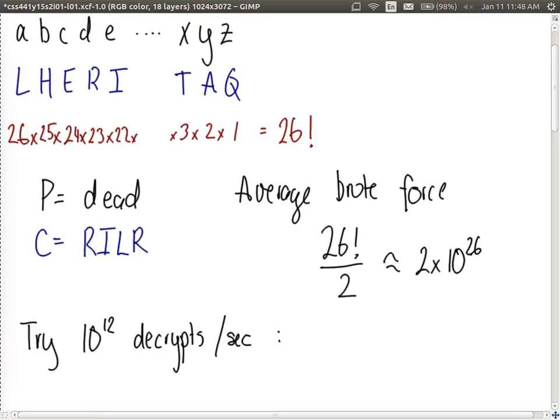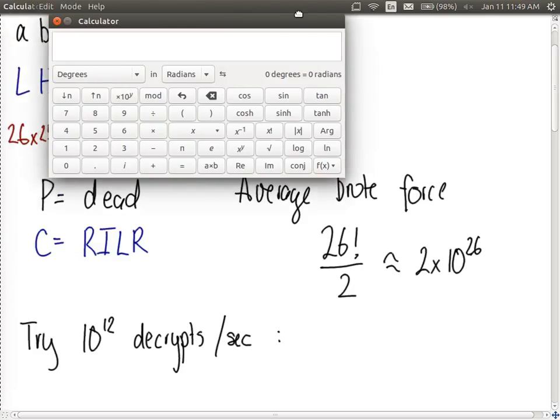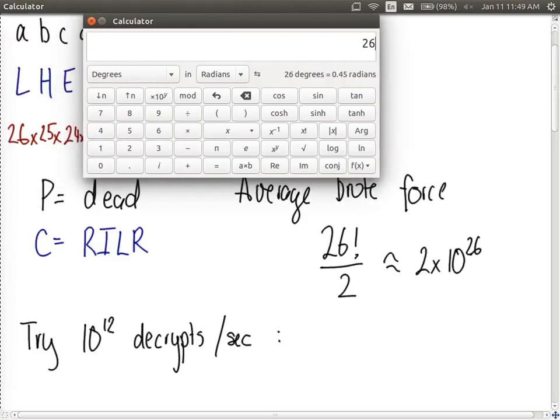Let's get our calculator. How many seconds? 26 factorial divided by 2, divided by 10 to the power of 12. 10 to the power of 14 seconds.